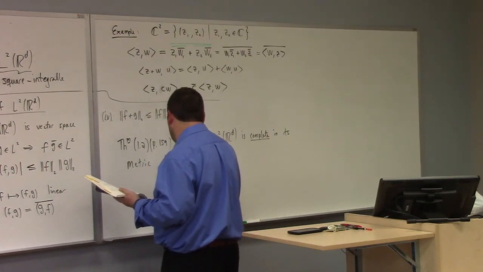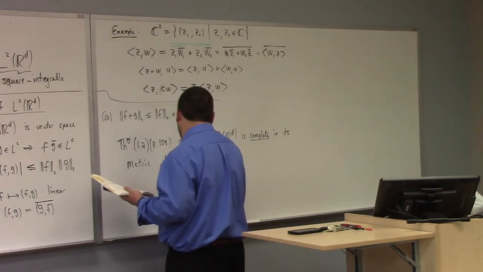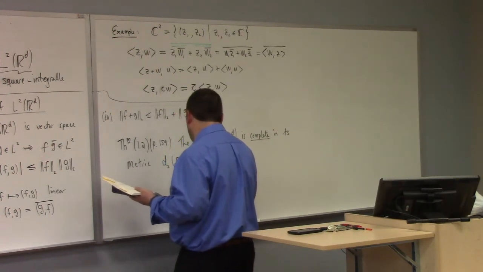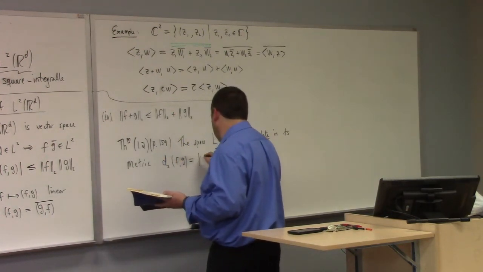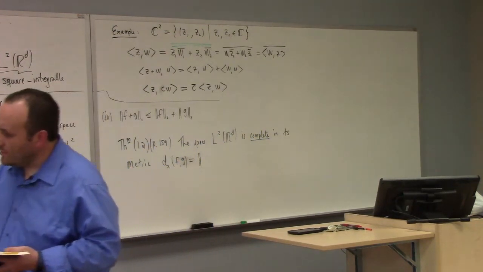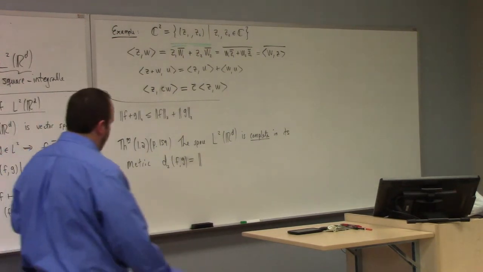I'll call it d2. d2 of x, y would be what? Oh, f, g rather. It would be the 2 norm of, what did I say? f minus g, right?